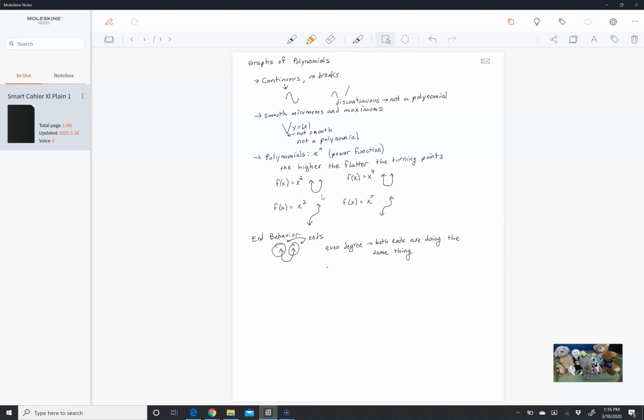Whereas an odd degree says both ends are doing different things or opposite things.